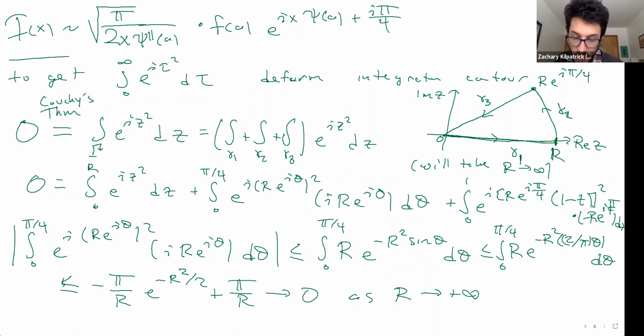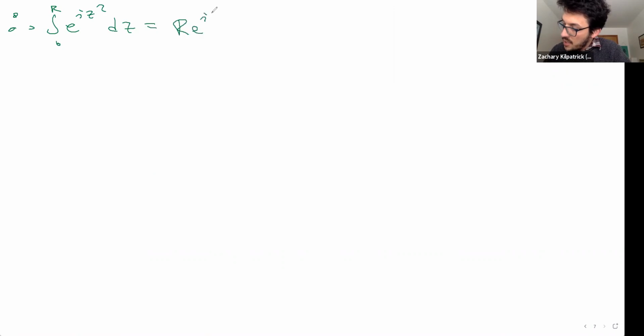Okay, so the idea now is the integral from 0 to r of e to the i z squared dz is equal to r e to the i pi over 4. Now you see that term starting to show up.